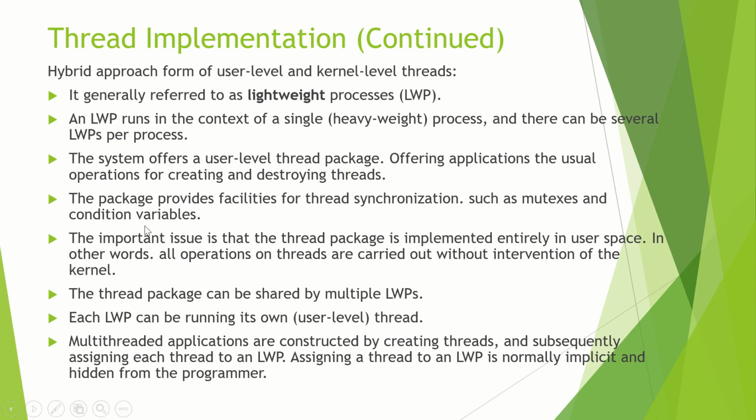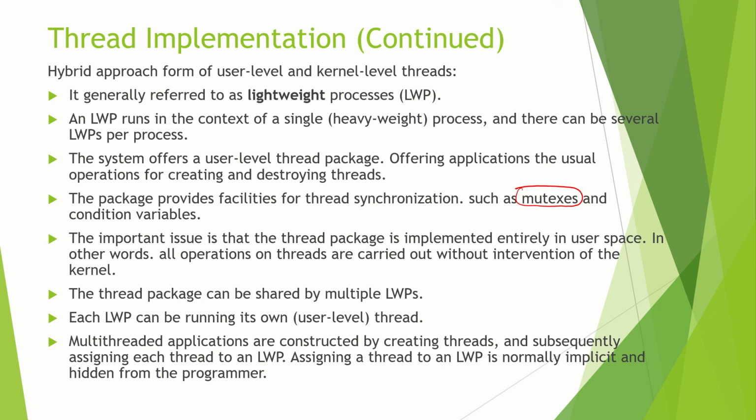The package provides facilities for thread synchronization, such as mutexes and condition variables. If I say mutex, it is the locking variable for a critical section that can allow only one thread at any time.